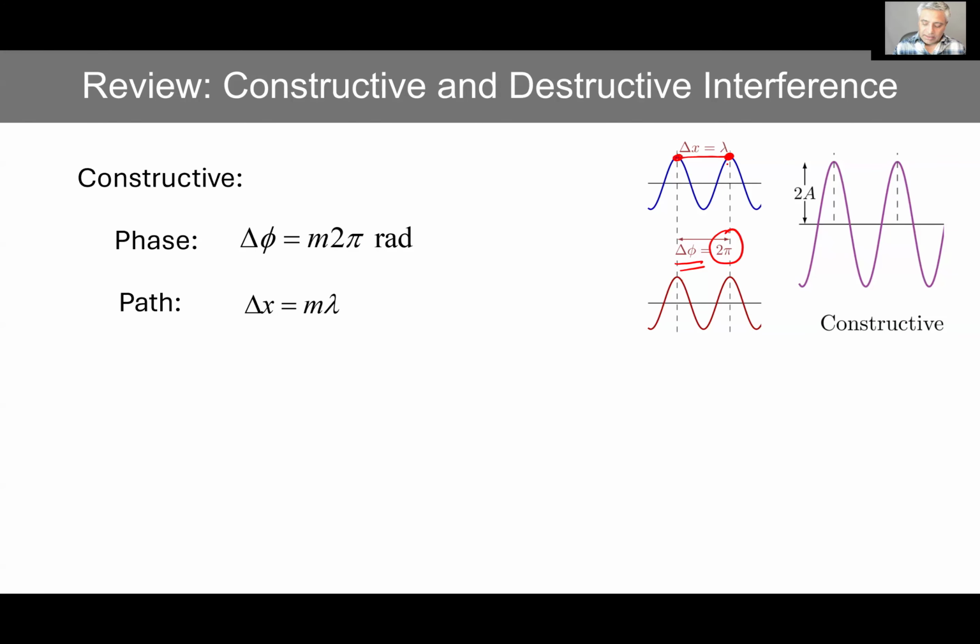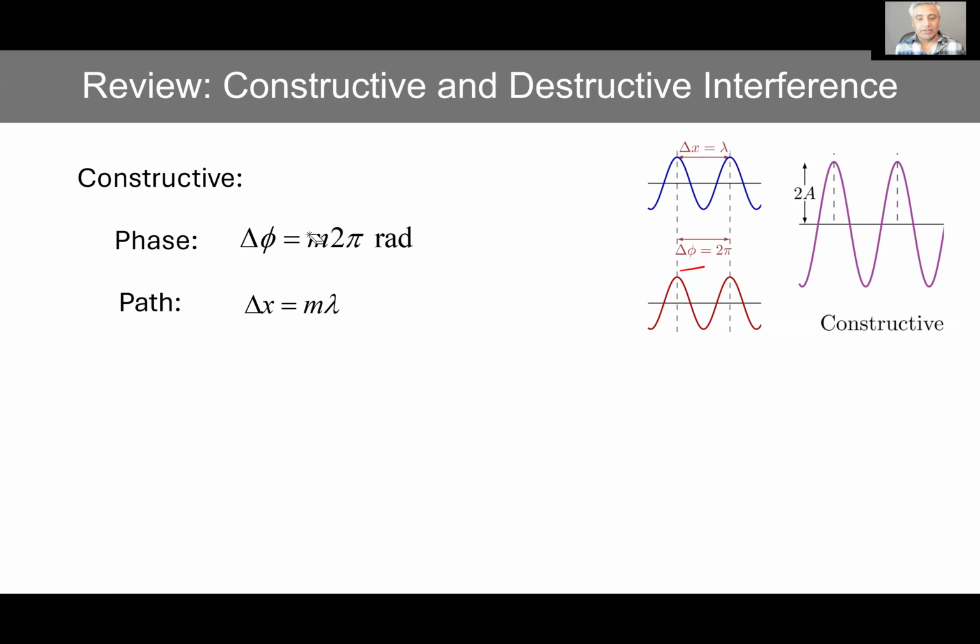So in that case, the path difference is exactly one wavelength. One wavelength and 2 pi radians are not equal, but they are equivalent for constructive or destructive interference. So when the phase difference is exactly 2 pi or the path difference is exactly one wavelength of the light, the waves interfere with each other and that interference is constructive.